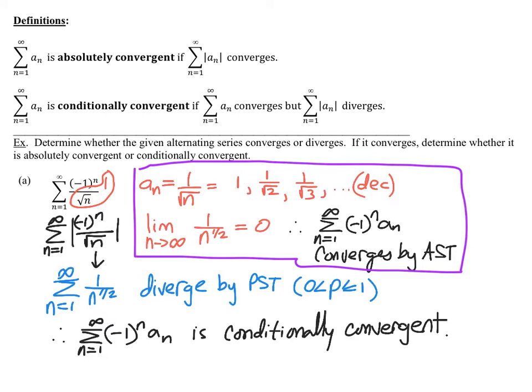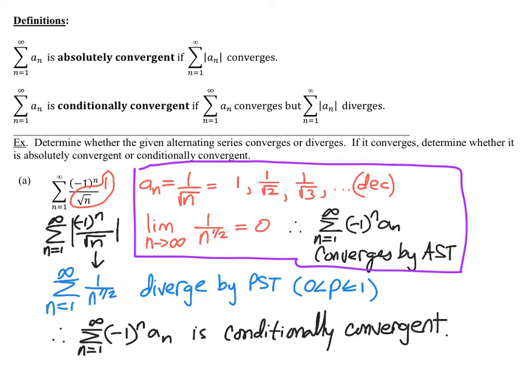So once you establish that it does converge, then find the absolute value of your original series and determine whether that converges or diverges. Whether it converges or diverges will dictate whether the original series is absolutely or conditionally convergent. All right, so if convergent and convergent, then it's absolute.